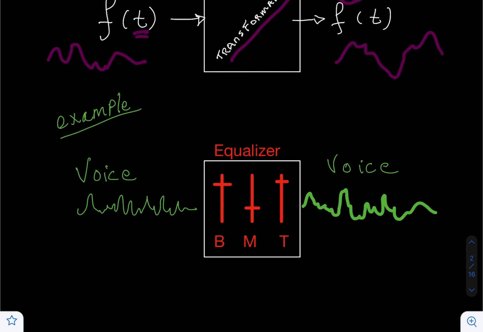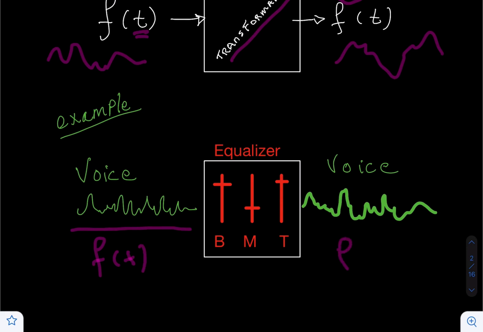So you have an equalizer, and everybody who had an old stereo system, maybe these days less so, had a bass, middle, treble, three little dials, and you could adjust how much bass you had, how much middle frequency and how much treble. So you spoke into the device, or you played the song, or you had voice, and that would be your function f of t, your input signal.